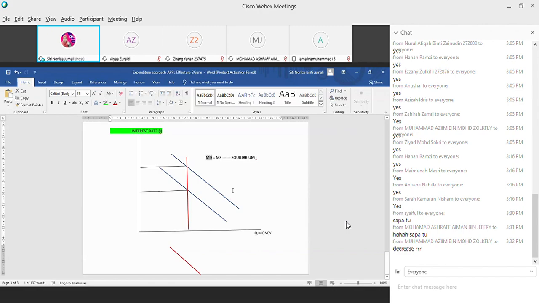The first one is for transaction. It means that we want to buy something, pay our rent, pay our PTPTN or whatever loan you have, or buy our clothes. So we are going to use money for transaction.